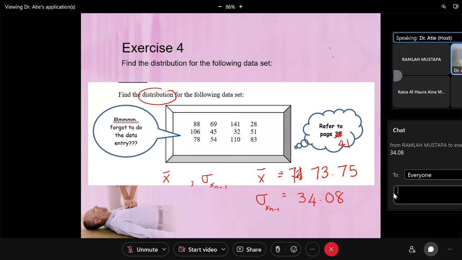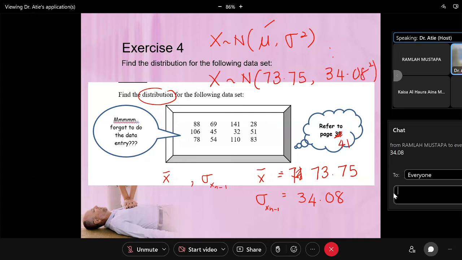So we have X distributed with mu and sigma square. The mean here is 73.75, and then we have 34.08 squared. So this is the distribution that we need to start with. And then we need to find the mean sampling or the T for the T distribution, because we have small n.